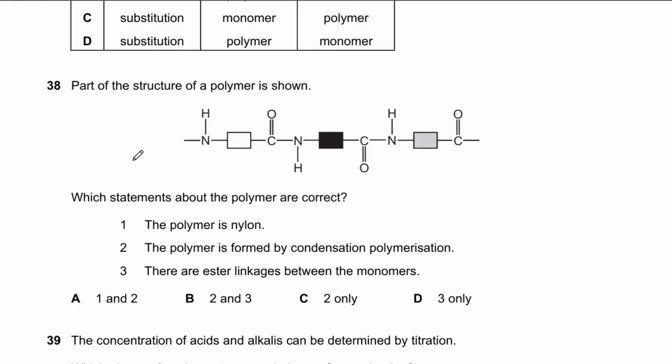And 3. There are ester linkages between the monomers. No, there are no ester linkages. Rather, what we have is amide linkage. Okay, so our answer is going to be C, which is 2 only. Ester linkage, we have to have something like COO, but here what we have is CONH, which is amide link. So our answer is C.